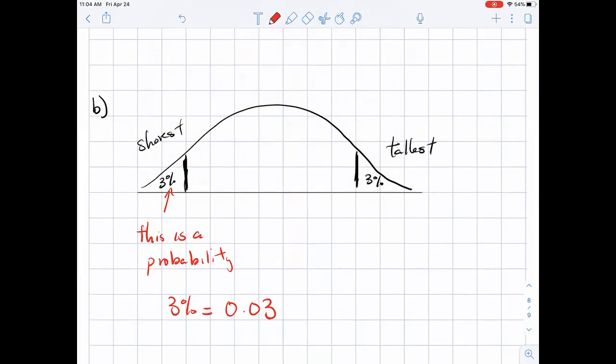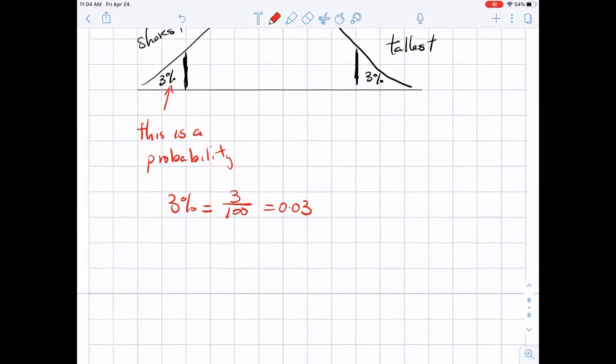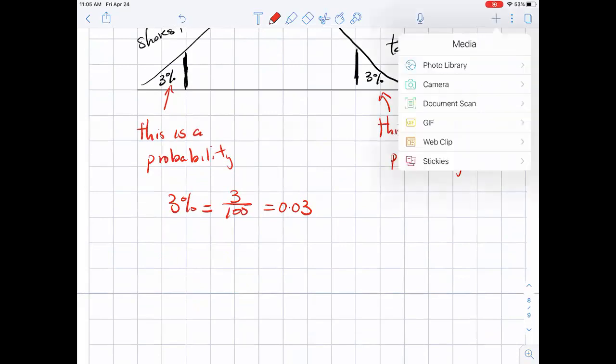How do you get that? 3% is 3 over 100, which is 0.03. So this here is also a probability. I want to show you something now.